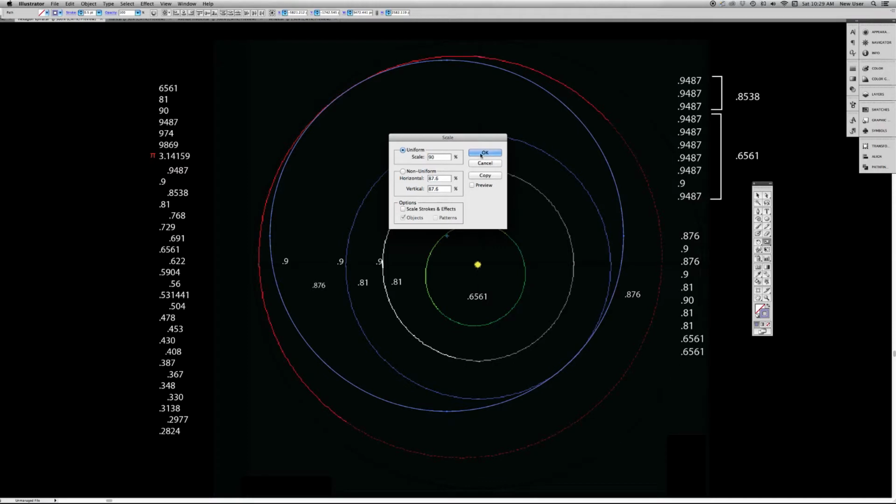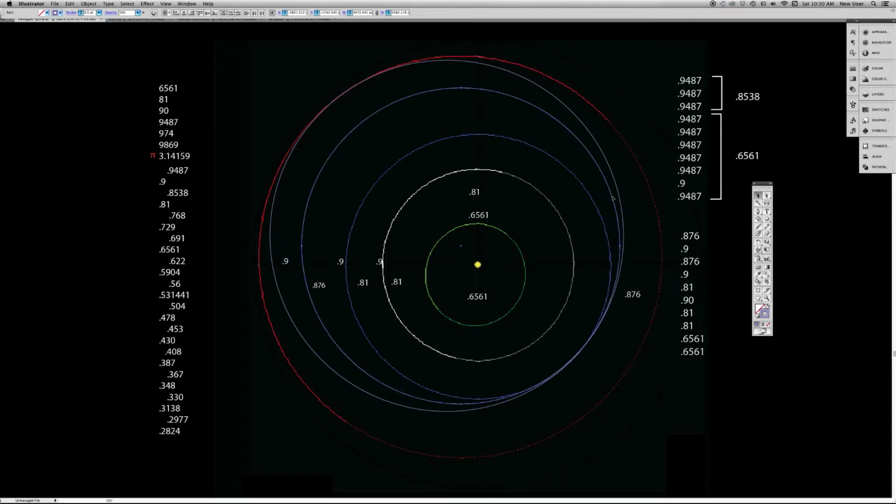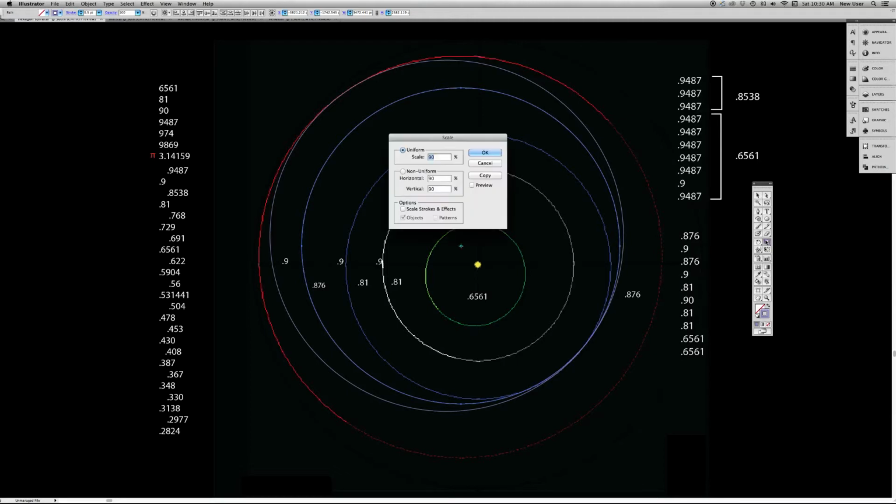And the next reduction is a 90. And that has to come over here because you can't go over the orbit of the Earth. Then another 876.